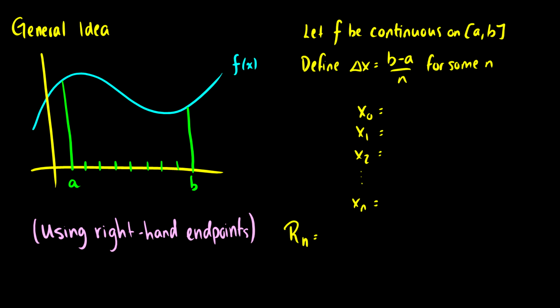So a brilliant person thought of a nice way to estimate these areas. Given a function f, continuous on a closed interval going from a to b, so from here to here, we can estimate the area by making a bunch of rectangles at specific intervals.